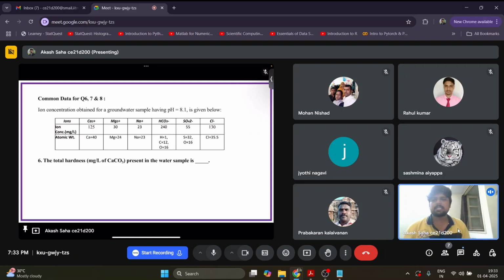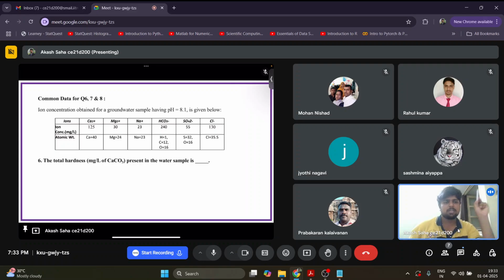Here you can see that only the ion concentrations are given. And as I have told you before, whenever we are solving a problem related to hardness or alkalinity, to bring everything to the same base, we will convert each concentration into milligram per liter as CaCO3. That is the most important step that we have to do in every problem, irrespective of whatever is asked.